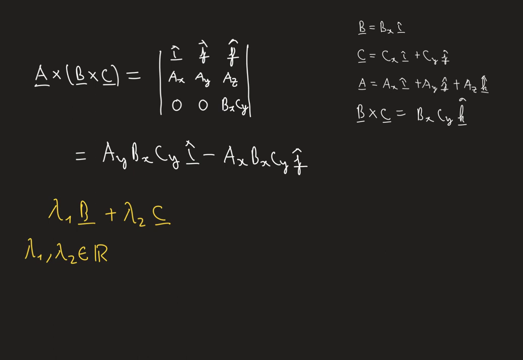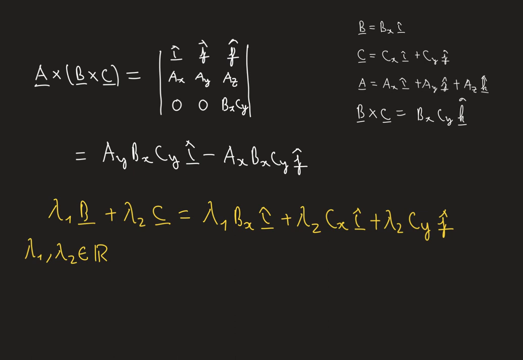Firstly, to visualize this a bit better, we will write this vector in component form. So we have lambda 1 bx i plus lambda 2. Note that we have vector c that has components in the i and j hat direction. So what we have is lambda 2 times cx in the i hat direction plus lambda 2 cy in the j hat direction. Good.